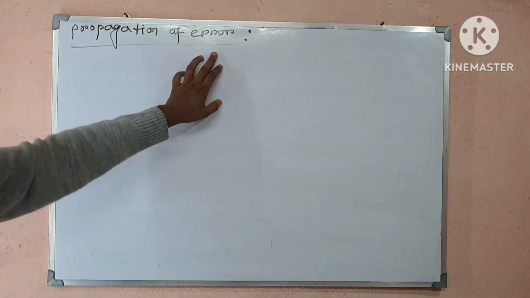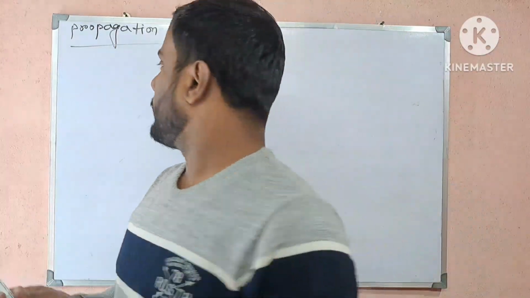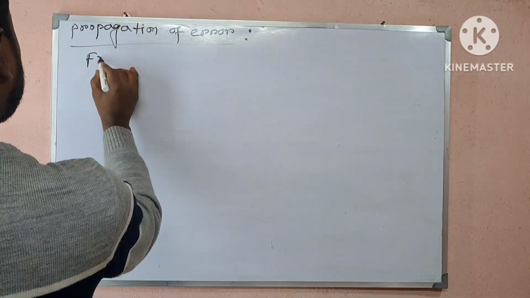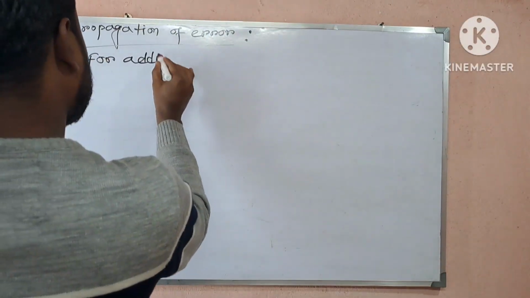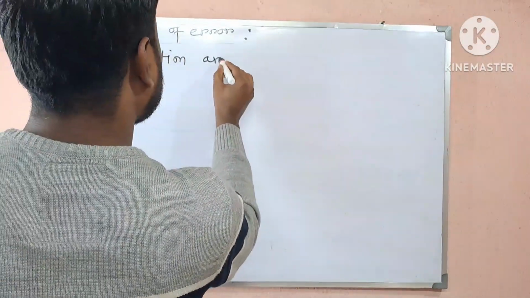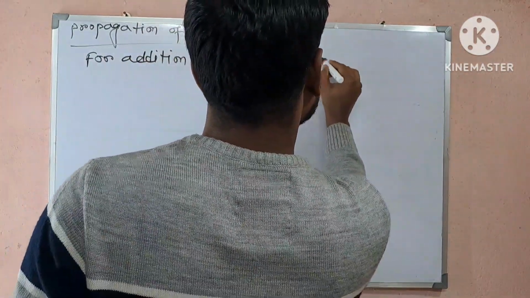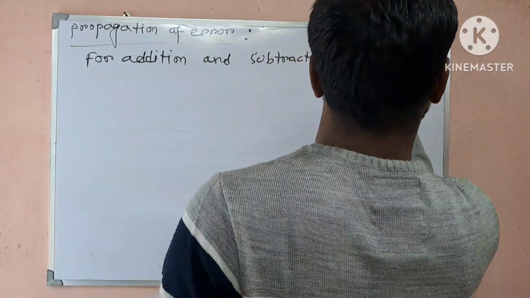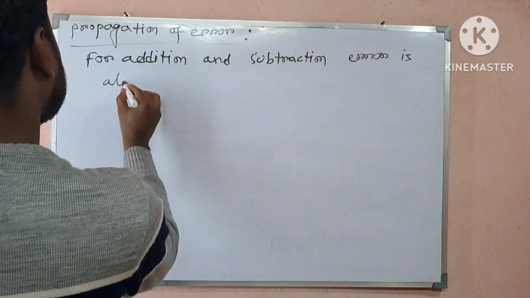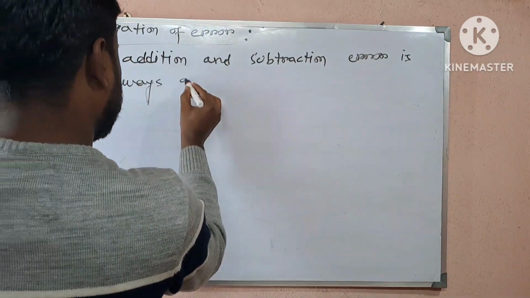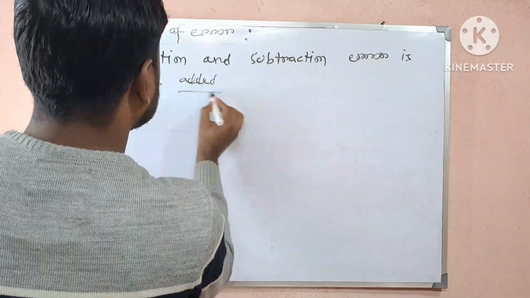Propagation of error means how this error runs in the calculation. So basically for addition and subtraction, error is always added.